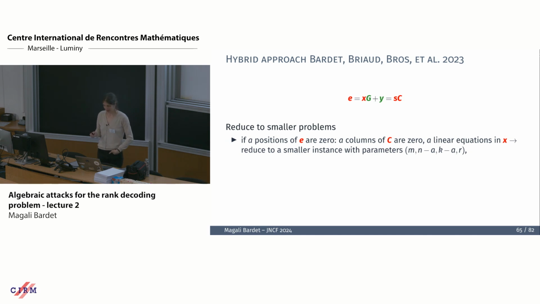So first, I will just show you how we can use a hybrid approach on this problem. So I start with this decoding problem, for the rank decoding problem. G and Y are public, and I want to find E that has a small rank.